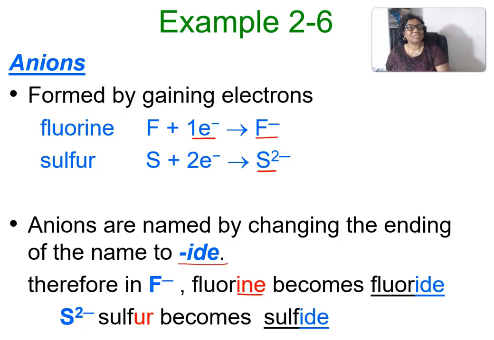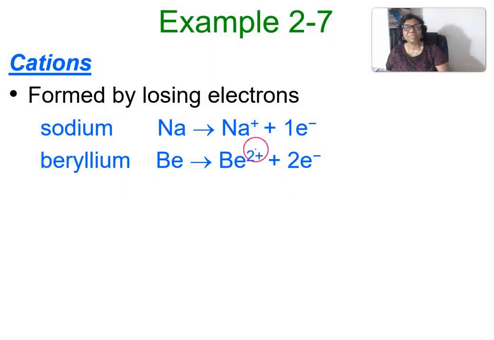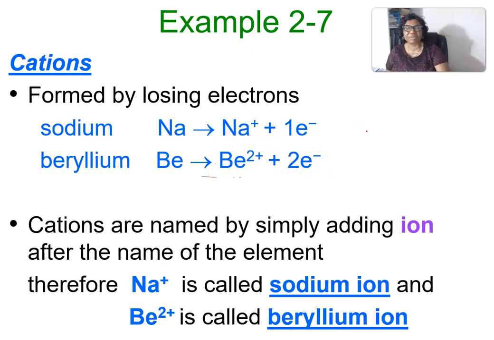We'll talk about cations. Cations are formed when an atom gives up an electron. So for example, sodium has given out 1 electron, and beryllium has given up 2 electrons. Cations are named by simply adding ion to the name of the element.